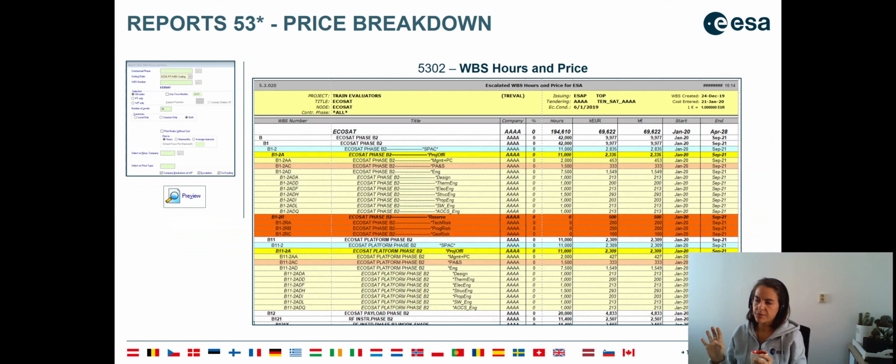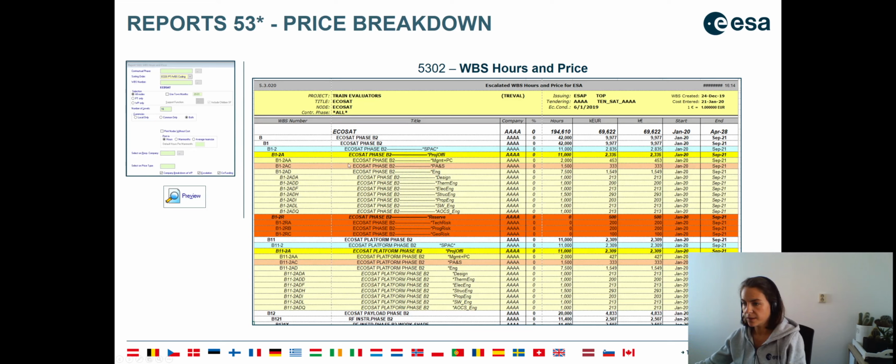Here we will have slightly the same information, but the very good layout available in this report is that you can choose to have the split of the WBS nodes. So this is very good because it allows you to have an overview of your product, right?